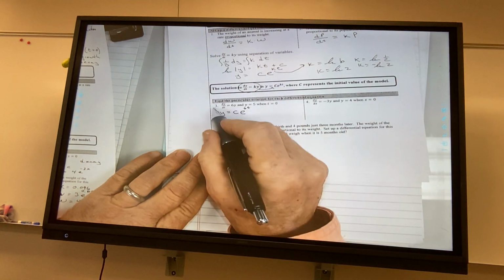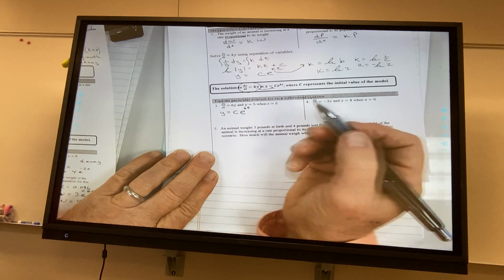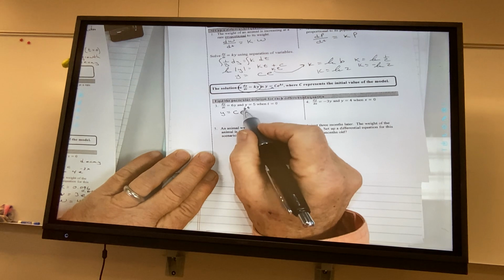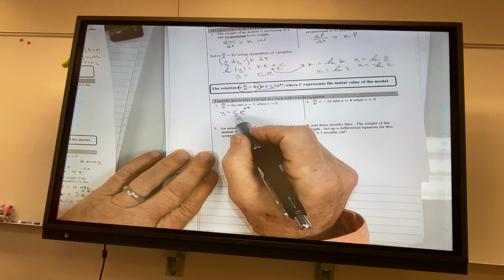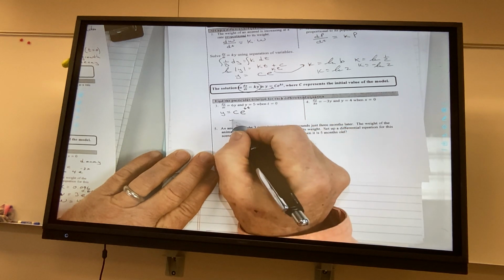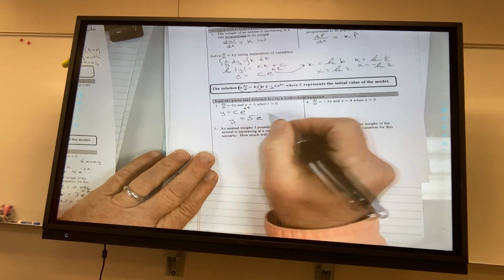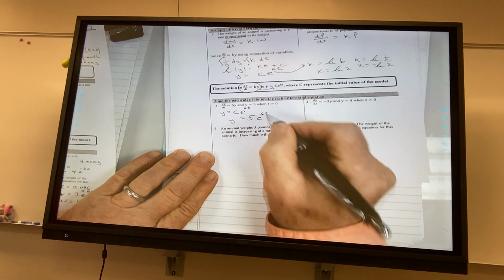Think about that. I'll have 1 over y on this side. I'll have 6 dt on the right side. When I integrate, I'll have 6t plus c. So right here it says y is equal to 5 when t equals 0. So my equation must be 5e to the 6t power.